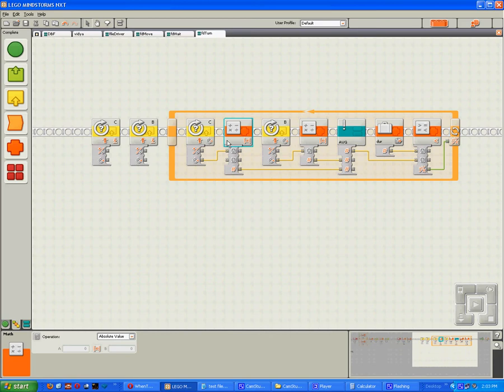Another problem is that every so many rotations, I forget how many, the value will wrap around. It'll go from a very high negative number to a very high positive number and keep decreasing. Or, if it was increasing, it would go from a very high positive number to a very high negative number, like negative 9999, that sort of thing, and increase from there. This is simply because of how computers deal with numbers.